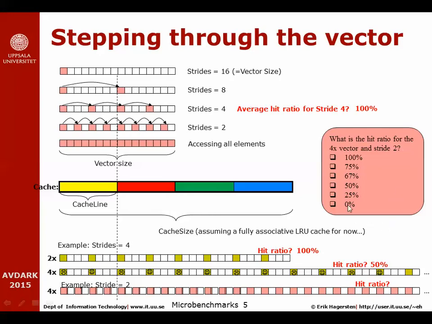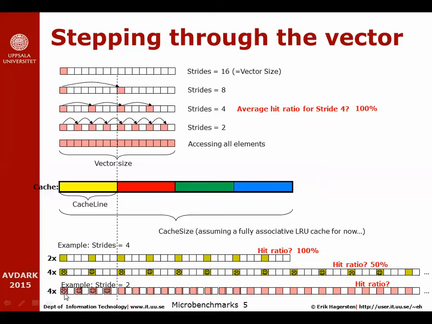And the hit ratio is, as I hope you answered, 75%. Why is that? Well, because you're going to miss once and you're going to hit 3 times per cache line. So actually regardless of the vector size, if it could be 8 times or 16 times, we're always going to miss once and hit 3 times for each cache line. So the hit ratio is 75%.